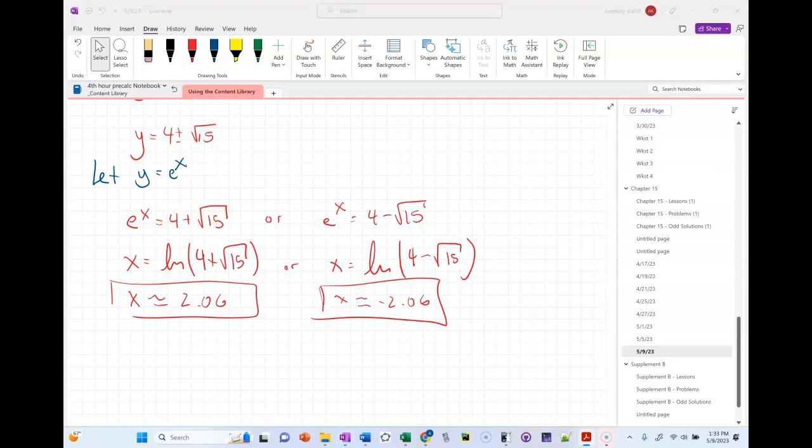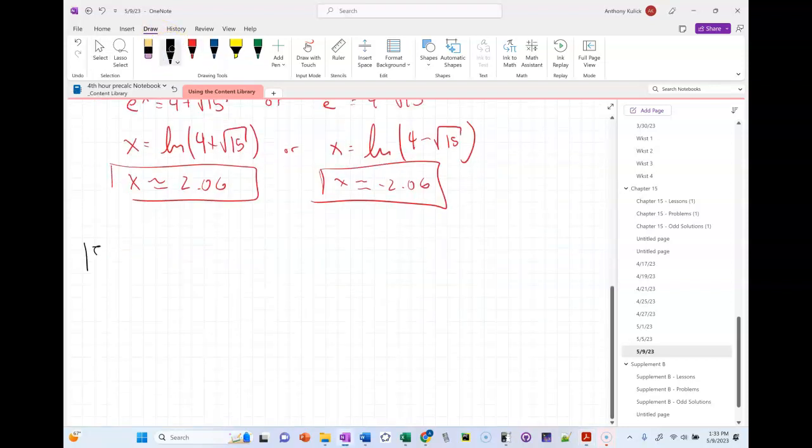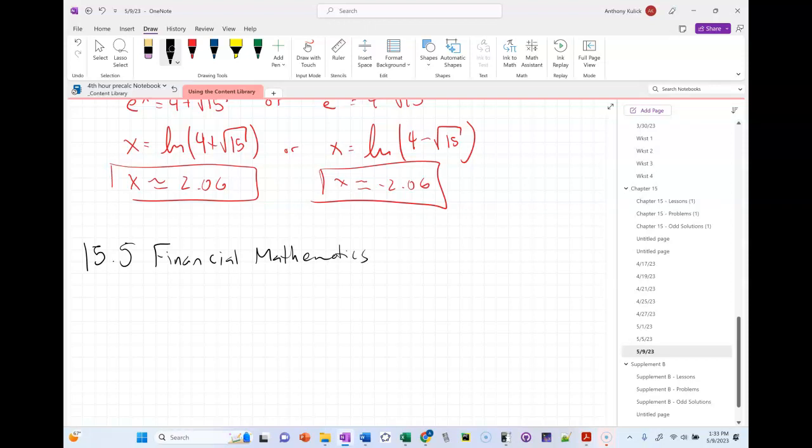Today, we're going to be talking about section 15.15, not 15.5, 15.15. There's not 15 sections in this chapter. So here we're talking about the mathematics of finance.